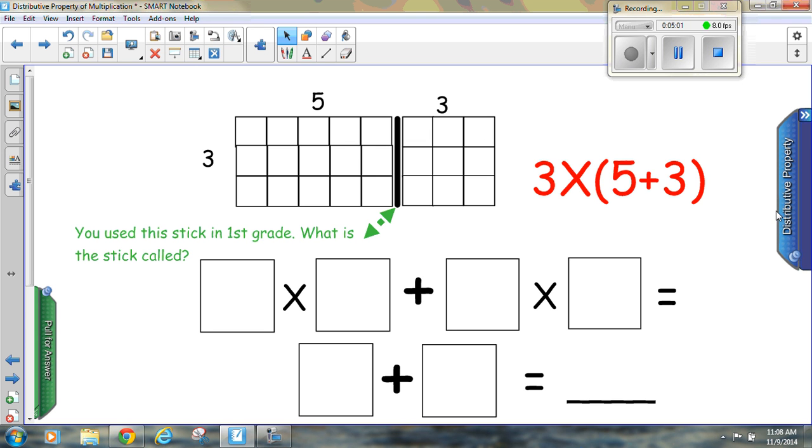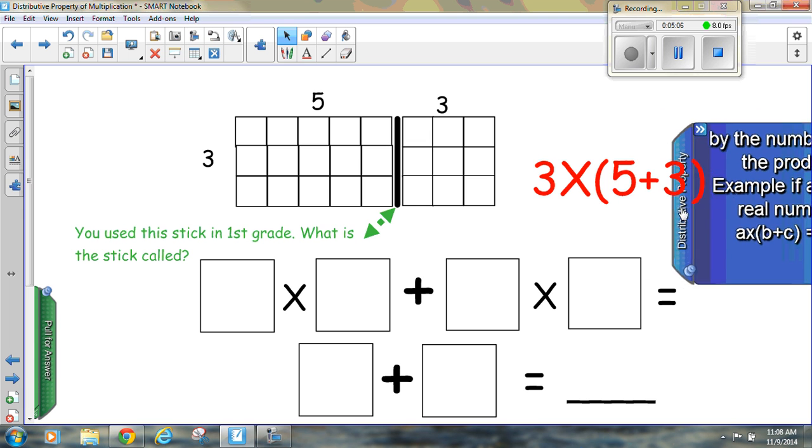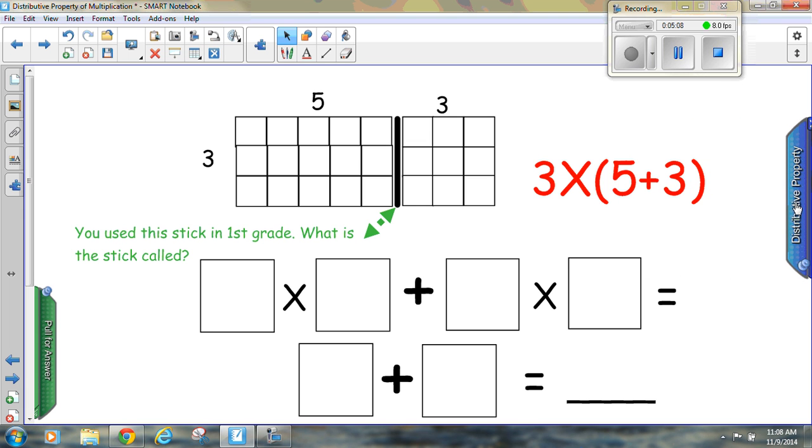Now, the distributive property of multiplication, which is right here, says that if you use a break apart stick and you're multiplying 3 rows times however many columns you have, whatever columns you have to the left of the break apart stick has to be multiplied by the number of rows you have, and the number of columns you have to the right of the break apart stick must also be multiplied by the number of rows you have.